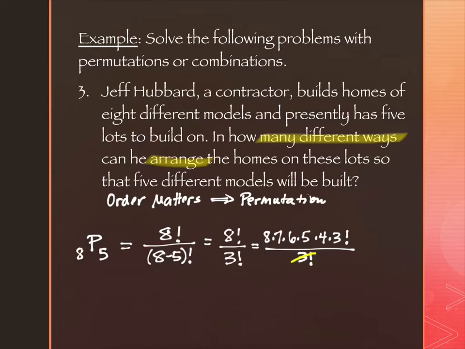And the 3 factorials will cancel. There's nothing else to cancel in the denominator, so we're simply multiplying 8 down to 4. Should be 6,720. 6,720 ways. Does that make sense?